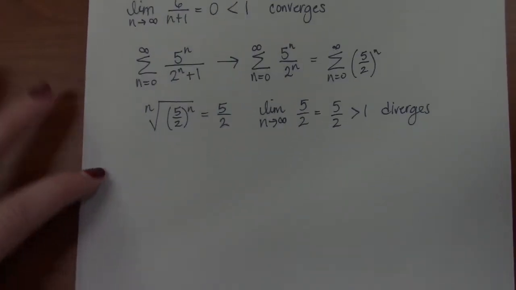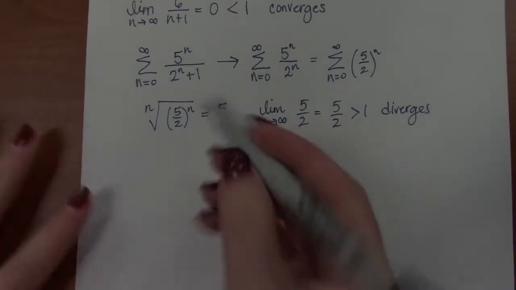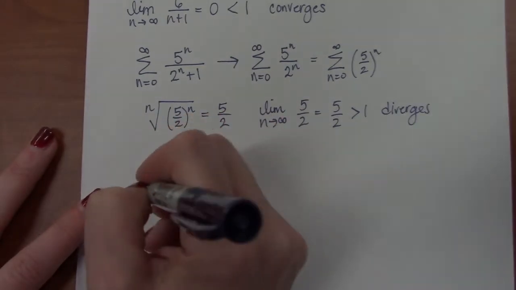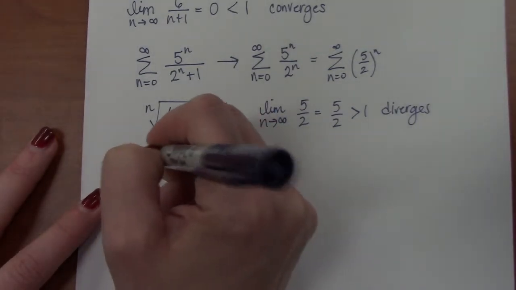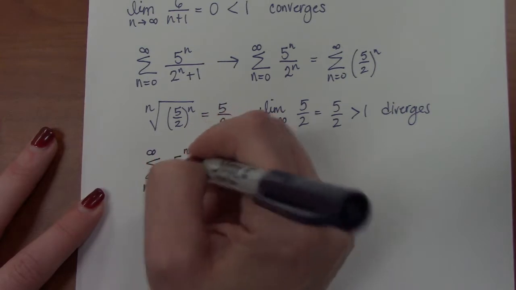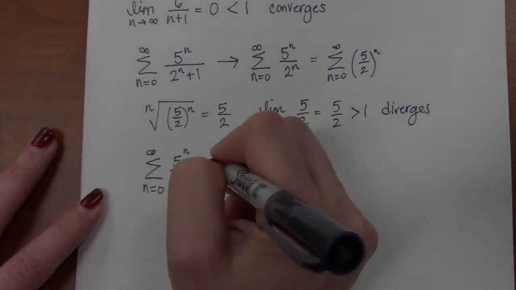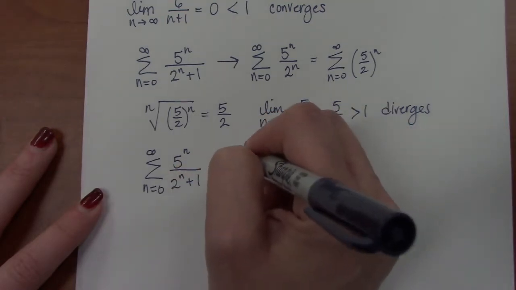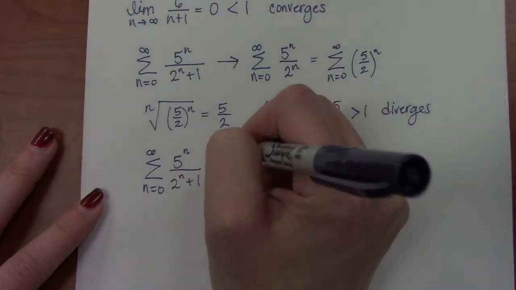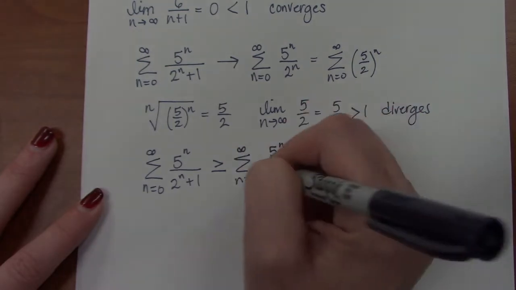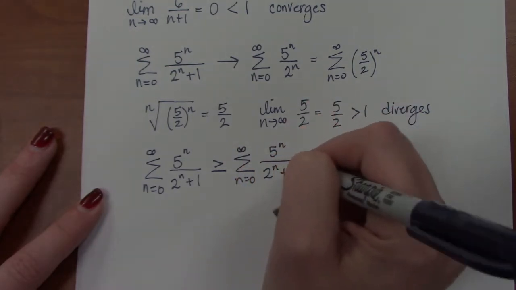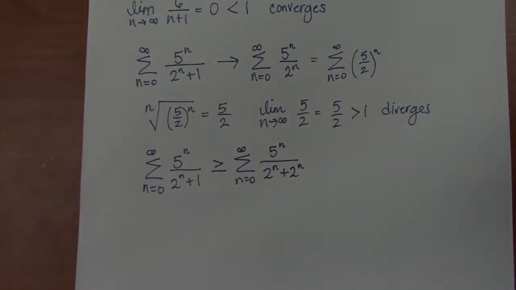So I could also have done this using direct comparison by saying 5 to the n over 2 to the n plus 1 is greater than or equal to the series 5 to the n over 2 to the n plus 2 to the n.